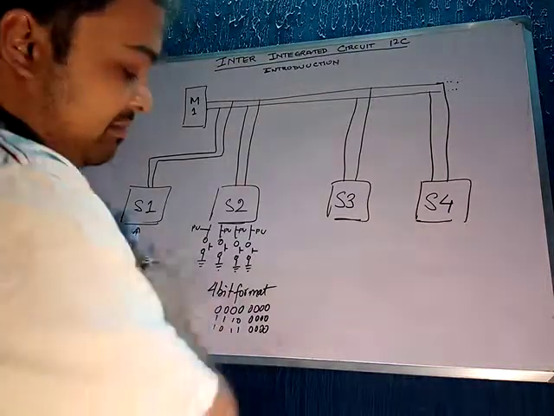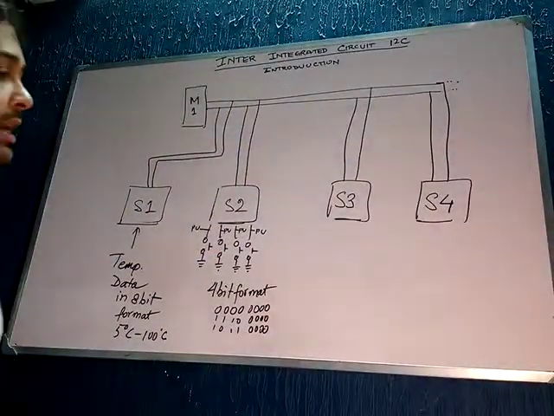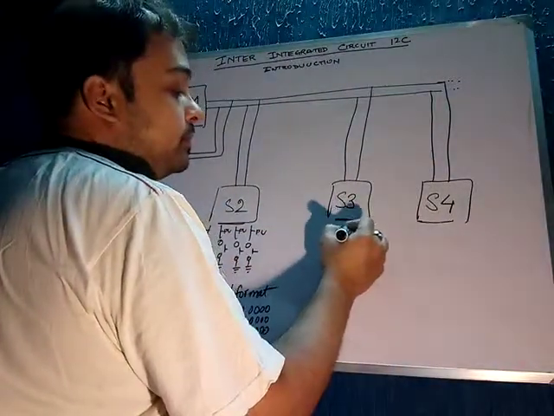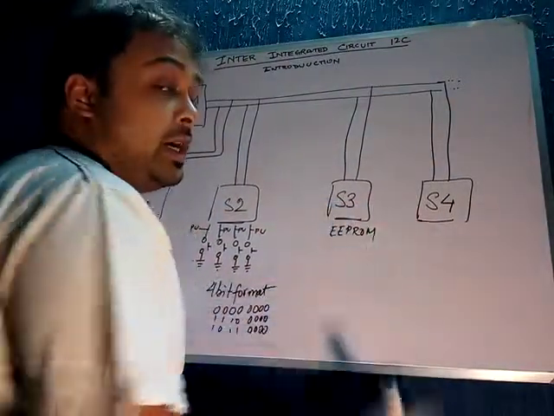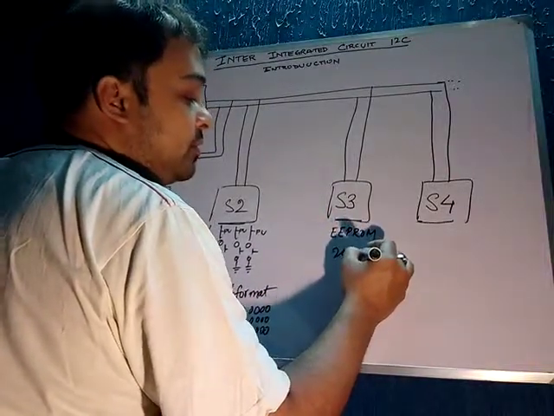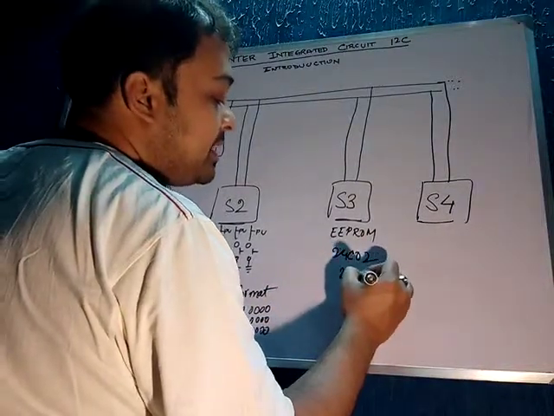It basically means nothing. Interestingly, S3 can be an EEPROM, something that you guys love, say 24C02, right? It is a 2K bit.